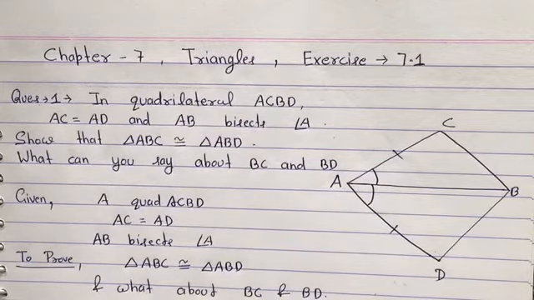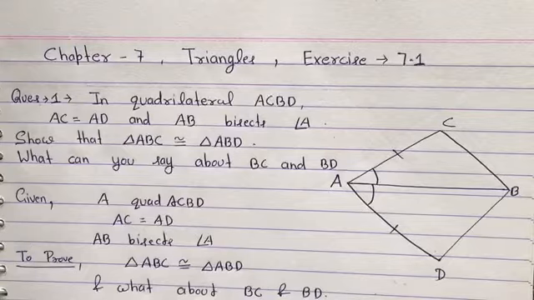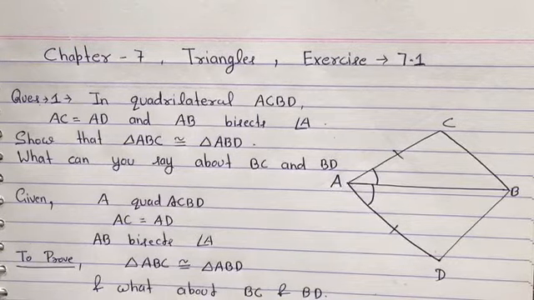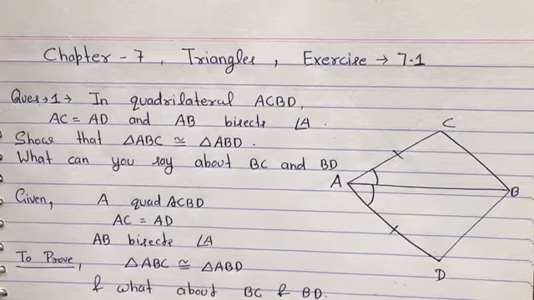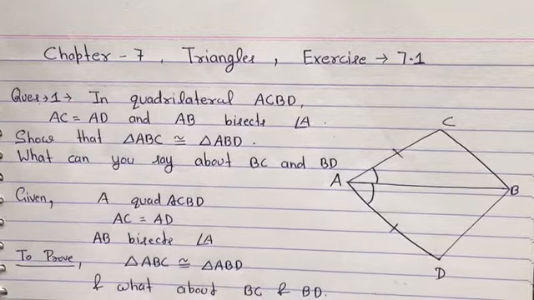After this, there is a theorem for the next congruency, and that theorem is known as angle side angle congruency. It means in two triangles, if two angles are equal and the side in between the angles is also equal, that is ASA, where the side is in between both the angles.